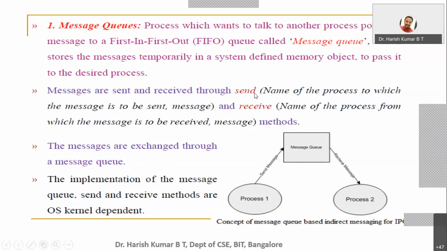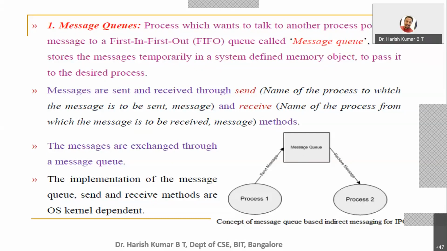Now say I want to send the message to a process which is running on a different system. Then it is not just the process ID. Along with the process ID, you have to have the IP address also. It should be a combination of both IP address and process ID, because you have to identify the machine uniquely within the network, and that requires the IP address.